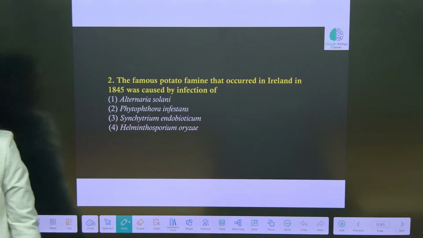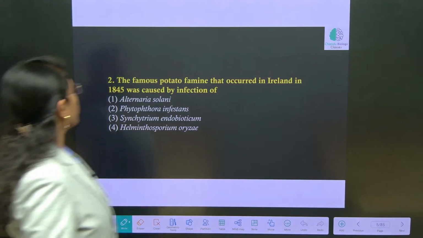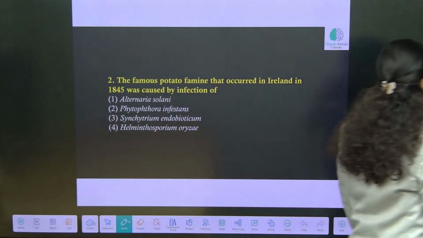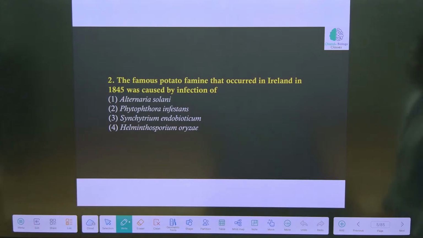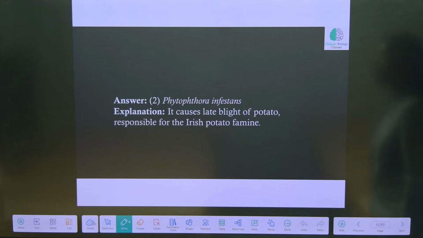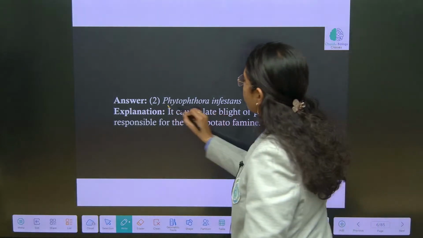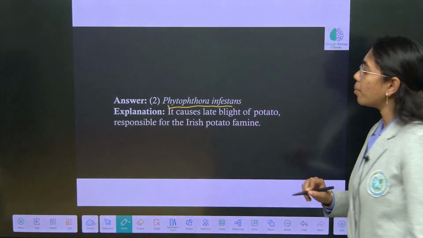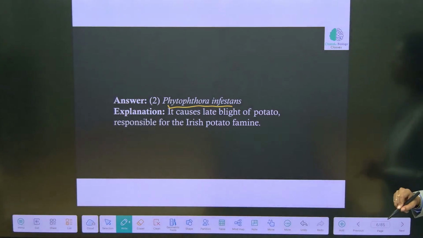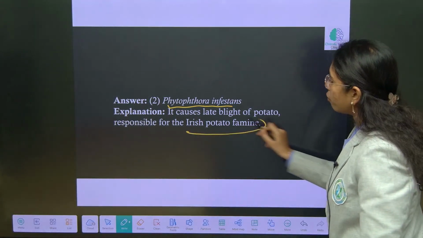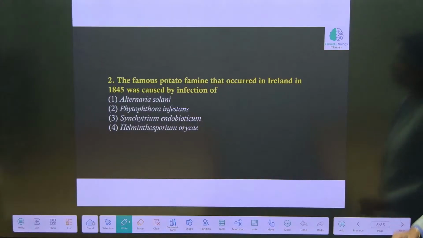Look into that and answer carefully. Take your time. Here we go with the answer, that is Phytophthora infestans. It causes late blight of potato, which is responsible for the Irish potato famine. This is a purely memory based question, directly asked from the infection point.